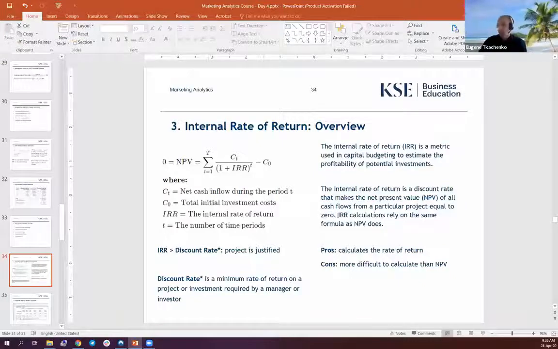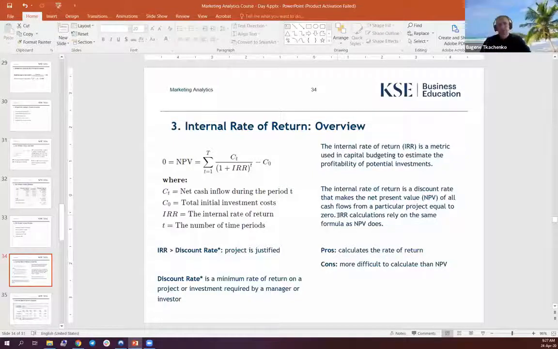But what we are trying to calculate here is, for example, what should be the project's profitability versus the discount rate, the expectations, in order for us to make sure that under the most negative scenario our project will still be better.